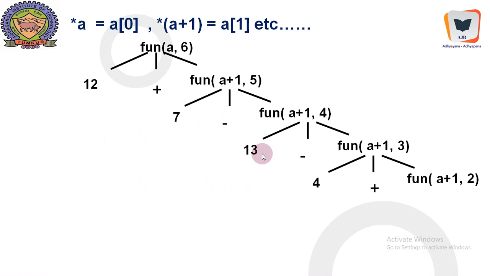Therefore, it will be 13 minus. Then comes the next cell value, 4. 4 is divisible by 2. So star a mod 2 is 0. Therefore, it will take plus 10 and it will enter into that particular else if block.